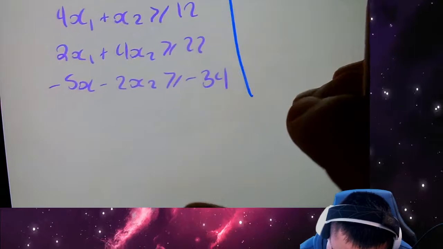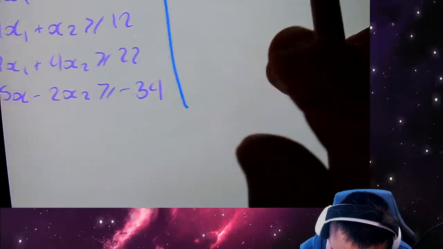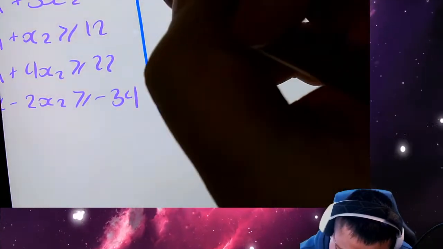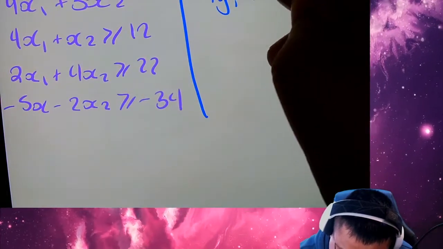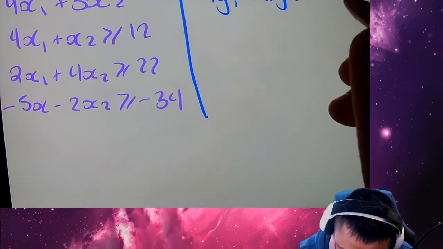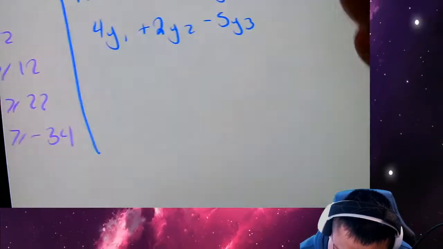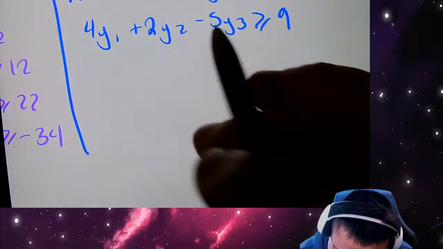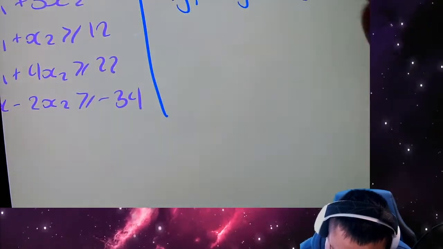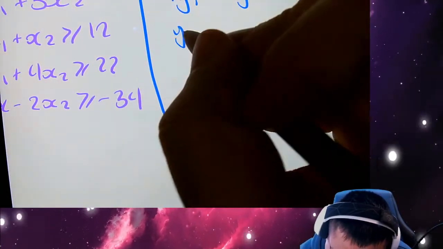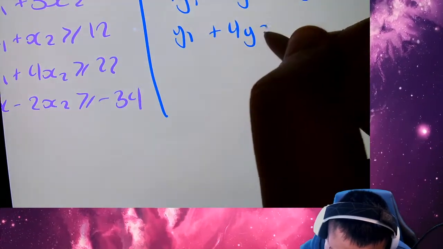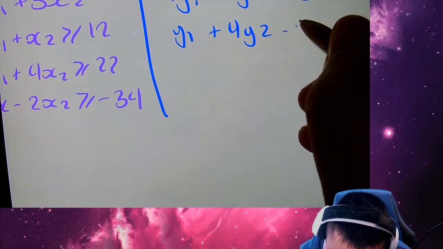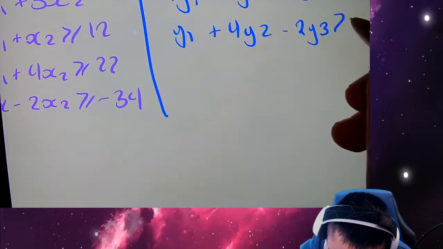And then 4y1 plus 2y2 minus 5y3 is greater than or equal to 9, and the next constraint is equal to 3.